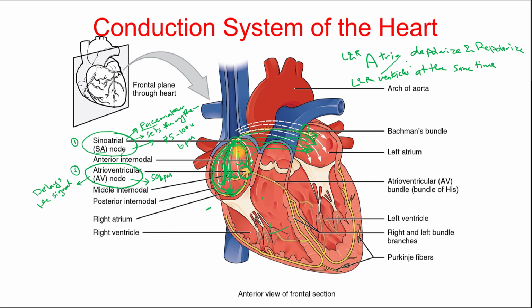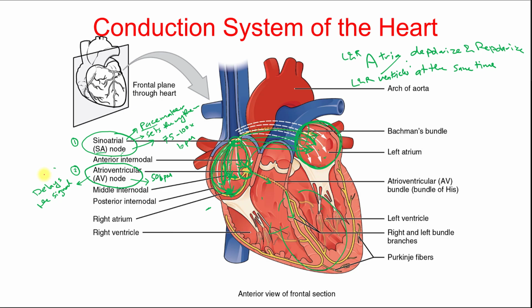This means if those signals arrive at the AV node and it sends them on immediately, we might have depolarization of the ventricles while the left atrium has maybe just started to repolarize, or is still depolarizing. This might cause contractions in the atria and the ventricles, or at least in the left atrium and the left ventricle, at the same time, which is something we don't want.